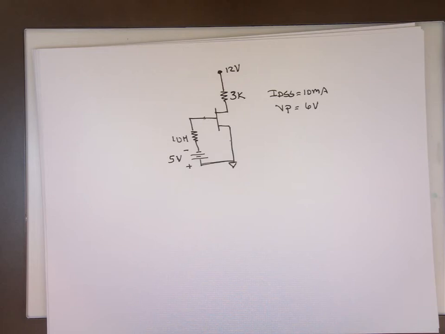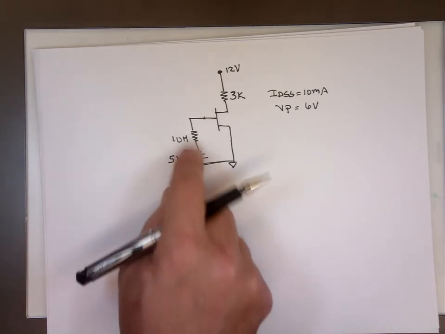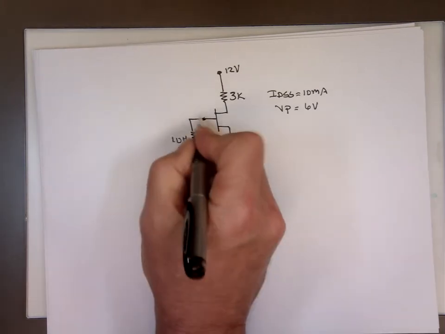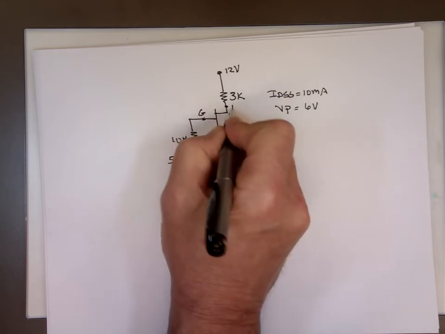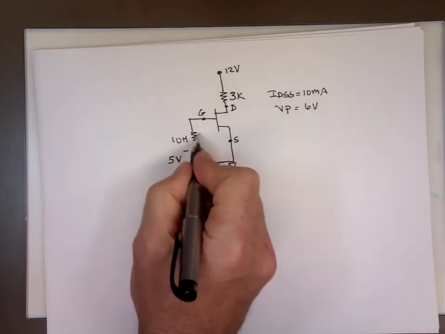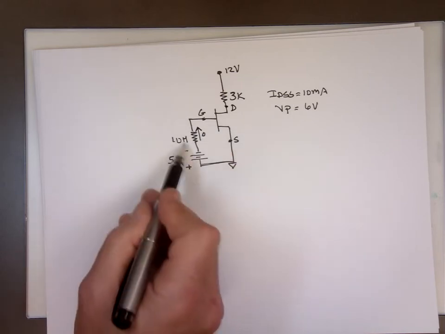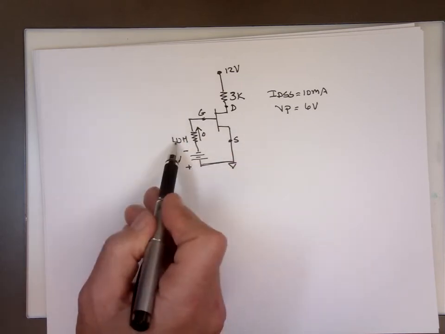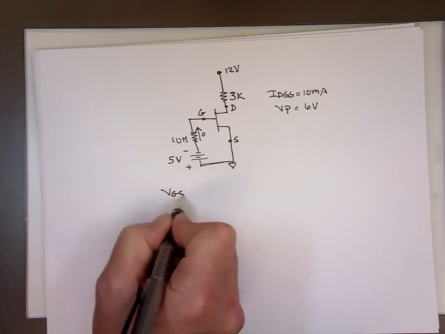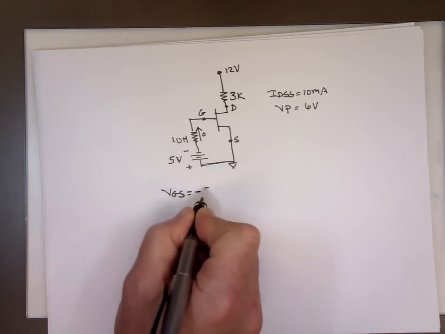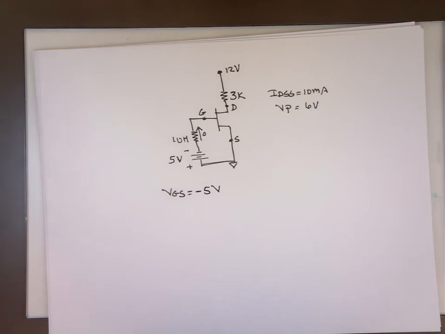We already just finished saying that the current going through this is going to be 0. So the current up there is 0, which means that resistor is useless. 0 times 10 meg, that's 0 drop. So VGS here is going to be negative 5 volts. And what is I sub D going to be?